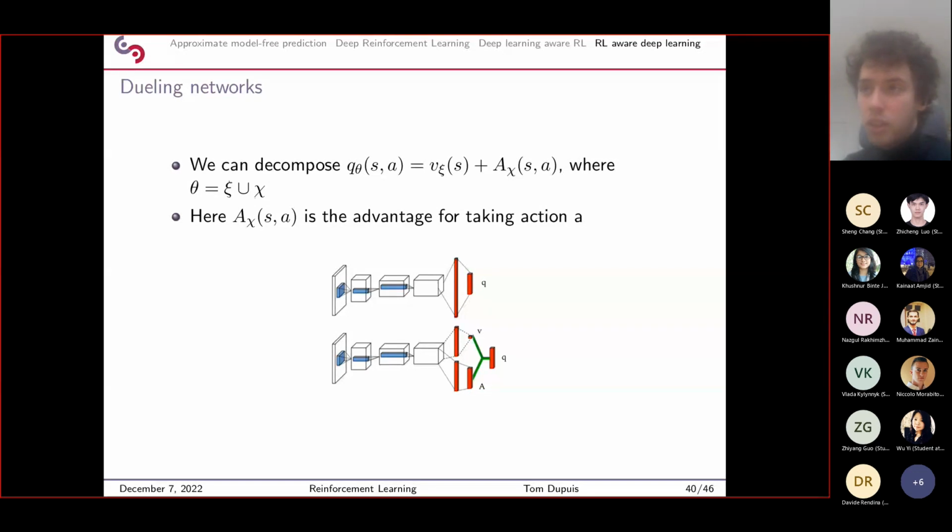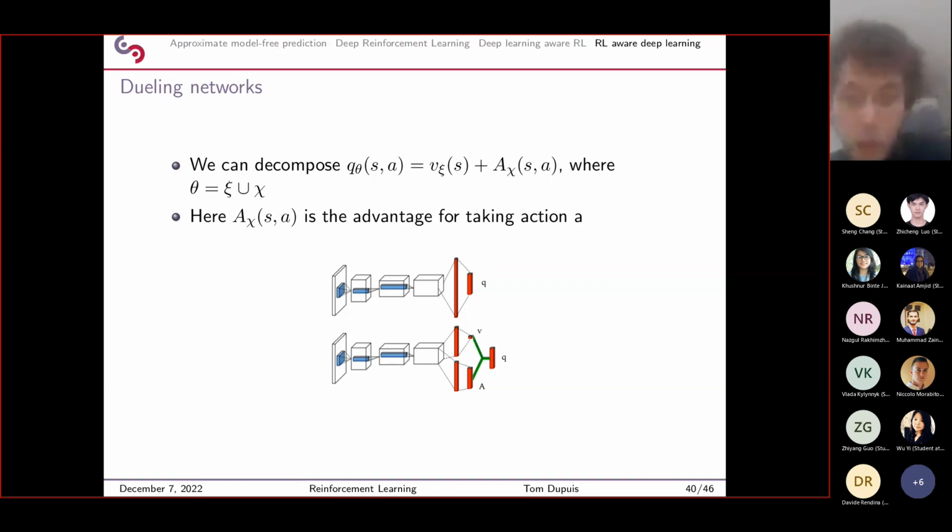So you can see that as, first you estimate just the states, kind of like the average of all possible actions. And then the advantage tells you how much we correct the value to take into account the action. The idea here is very simple.